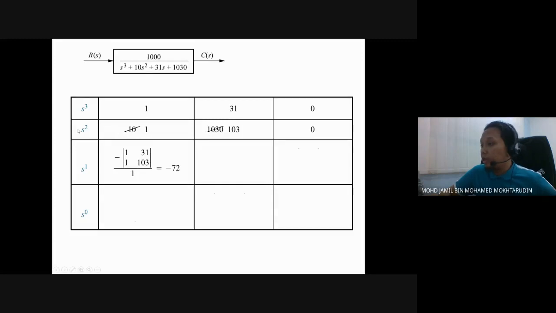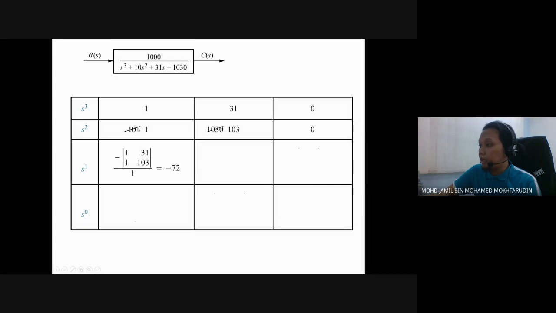Before that, the second row here, you can simplify by dividing by 10. You can simplify, or you can choose not to simplify. It will be the same values. But in the example, it chose to simplify the values in the second row.